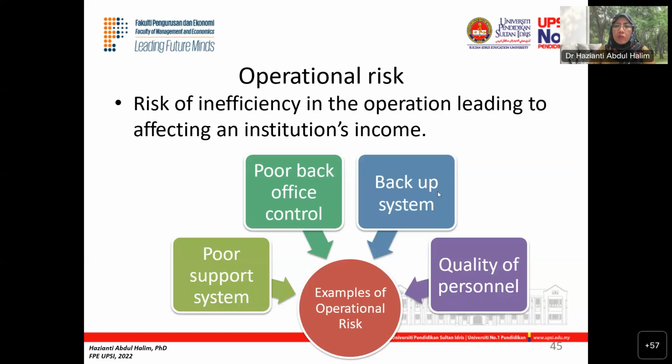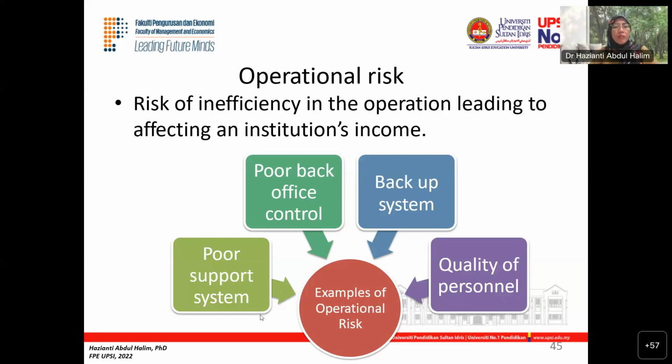Also, when we talk about operational risk, we are also talking about the backup system. Do they have a really good backup system to back up? Back office control. Alright, front office, bila you pergi bank, kat depan tu ada orang semua kan, we call it as front office lah. The back office people yang kat belakang, yang buat all the authorization transactions, yang jaga the system, all those are back office control.